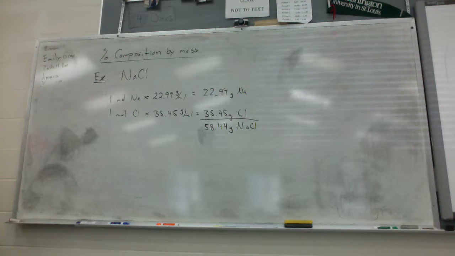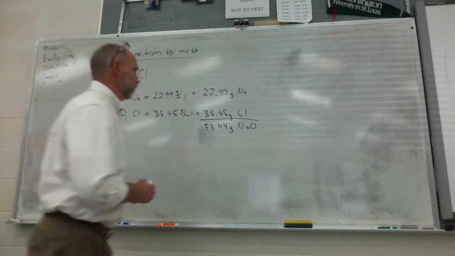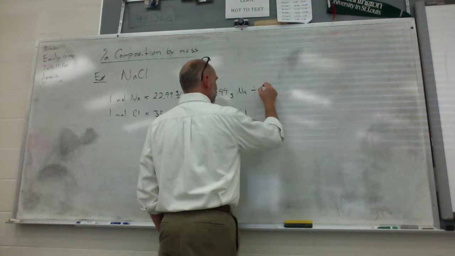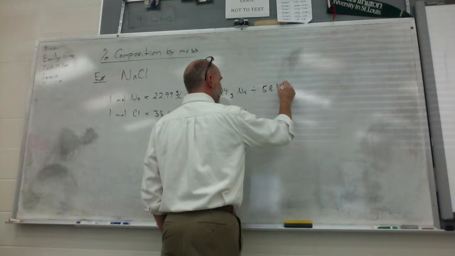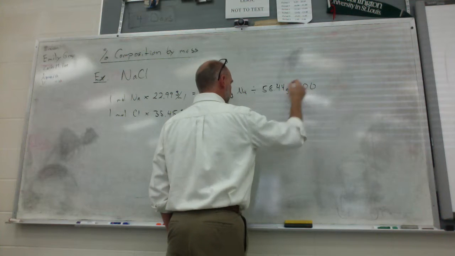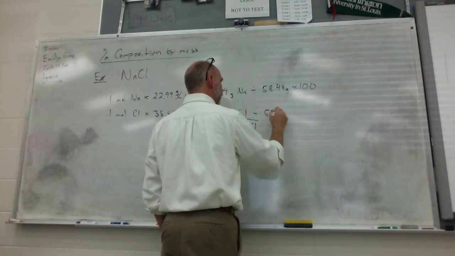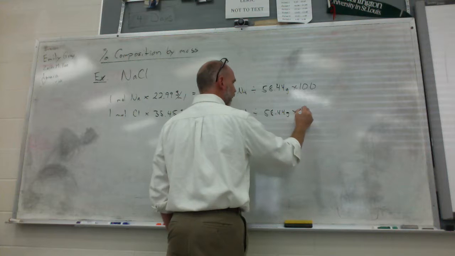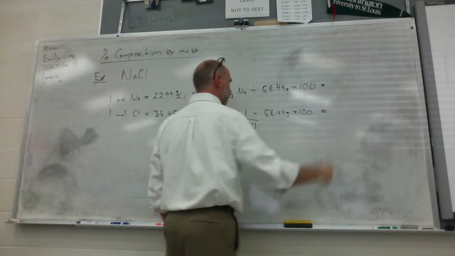Okay? Now, what if I wanted to know the percent of sodium? What would I do? Divide by 58.44 grams, multiply by 100. Divide by 58.44 grams, multiply by 100.